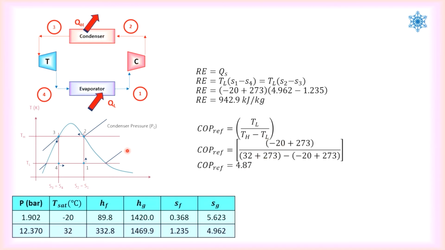The TL is at this pressure here, 1.902 bar, and the temperature is negative 20 plus 273. So you will be able to find the COP for the reverse Carnot cycle, which is 4.87. The question asks us to find RE and COP, so that is solved. That's for this part.